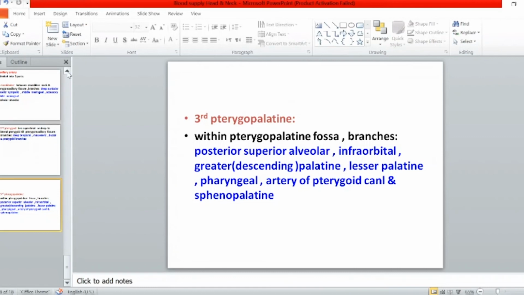Now we have seen that the external carotid artery supplies most of the structures in the head and neck, supplying the thyroid, the larynx, the pharynx.